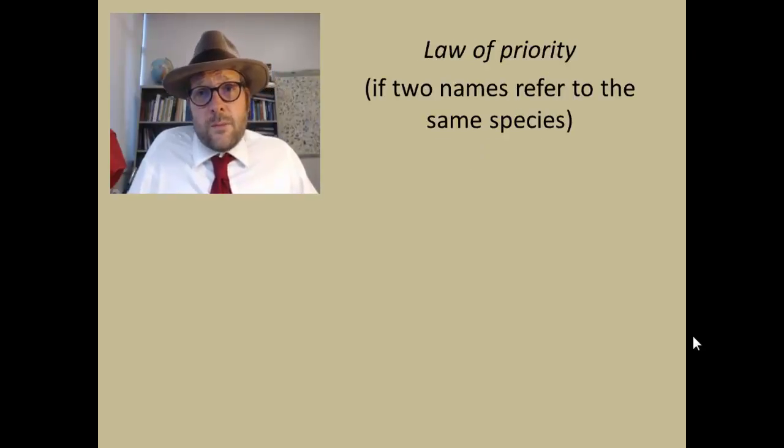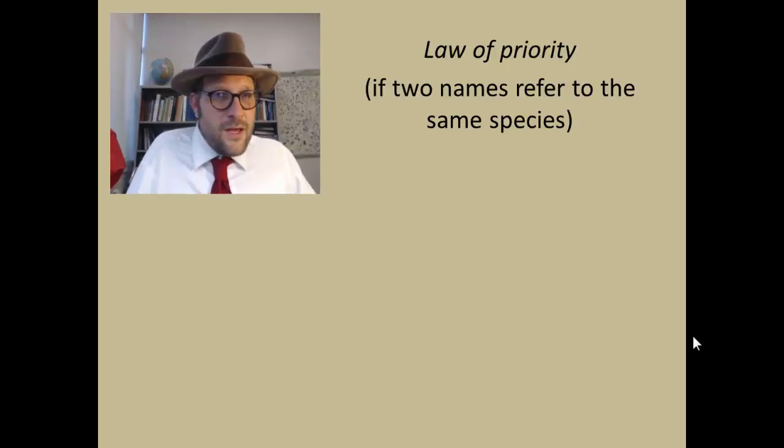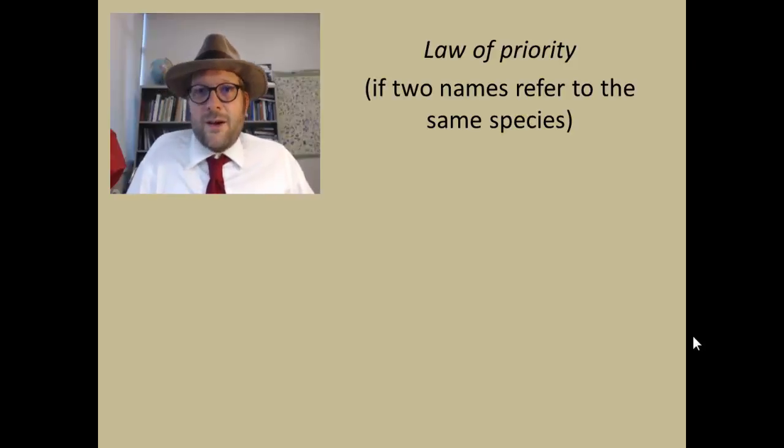One of the key things about naming species is the law of priority. That means that whoever names the species first gets the credit. So if somebody beats you by a day or 2 days or a few hours to get that into press, that becomes the publication. You need to be careful with this because sometimes what can happen is, say you're naming a new species, you're really excited about it, and you contact, say, a journalist, and say, we're naming a new species and we're going to name it Gubernaculum cuckoo.